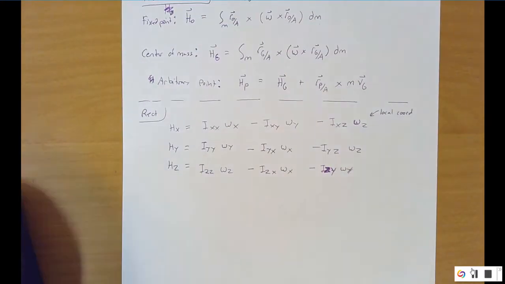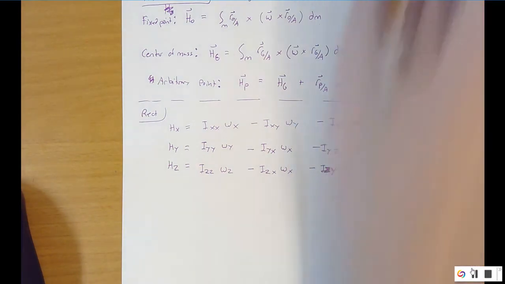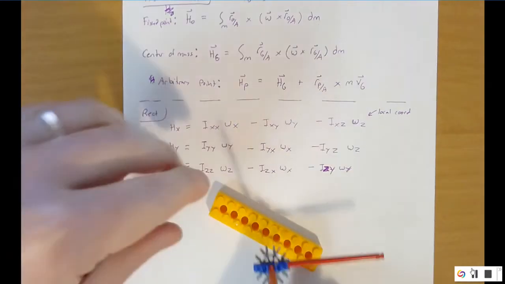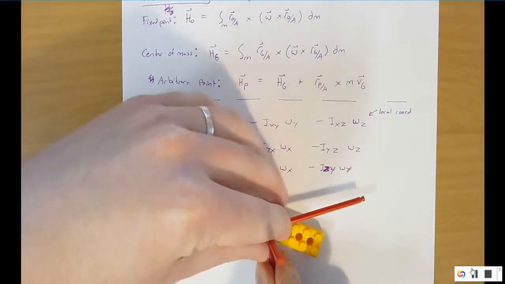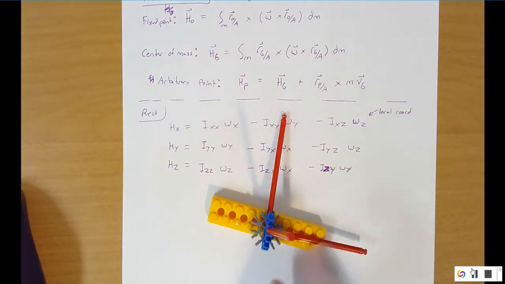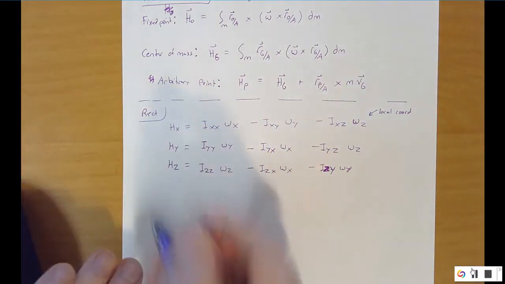If we do a really good job and we are able to find our principal axes, so we have our shape, and we're intelligent about it, we put it in the center of gravity, and then we rotate it so that everything's symmetric, then our products of inertia will drop out to 0, and these will simplify out really nicely for us.